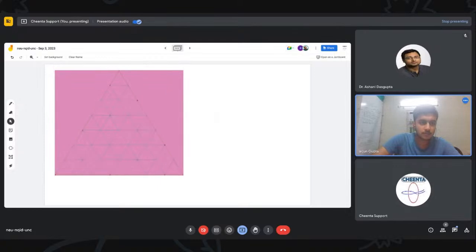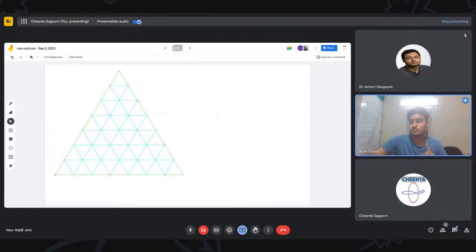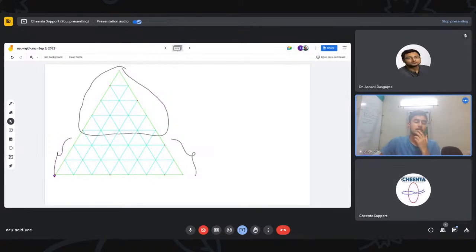Suppose I have this big triangle, and I am extending it by three lines. Our claim is equivalent to proving that in these three rows the number of red, the number of yellow, and the number of blue are the same.